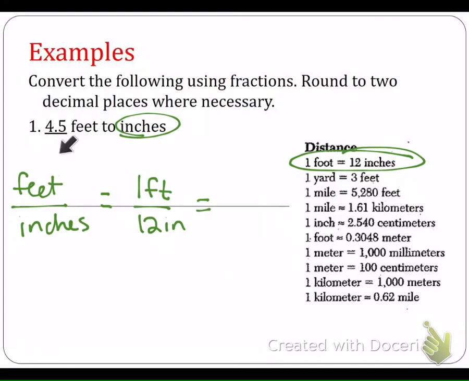How many feet do I have in this problem? 4.5. How many inches will that equal? I don't know, right? That's what I'm looking for. So that's where my X goes. So we are going to cross multiply here.